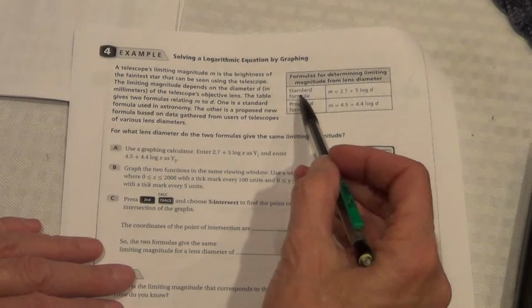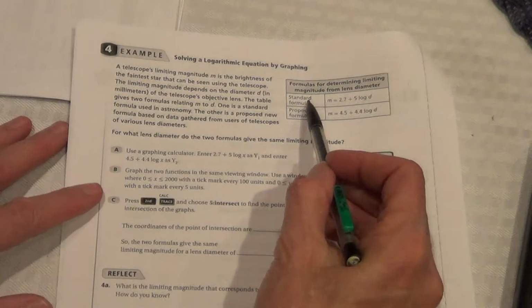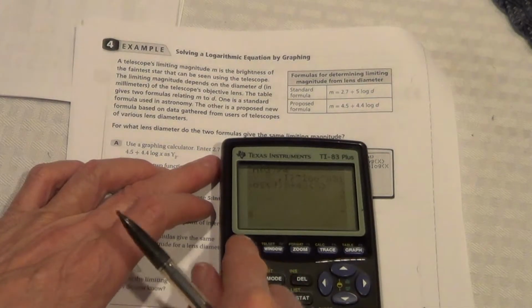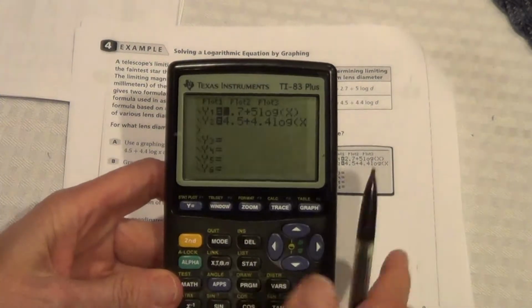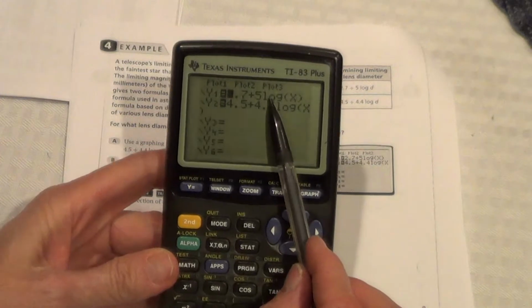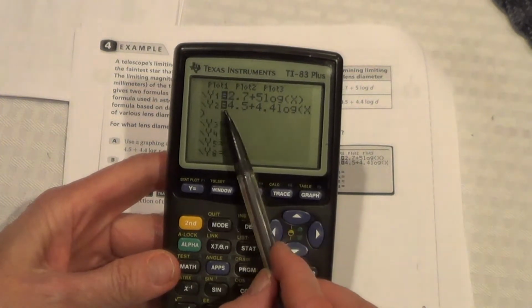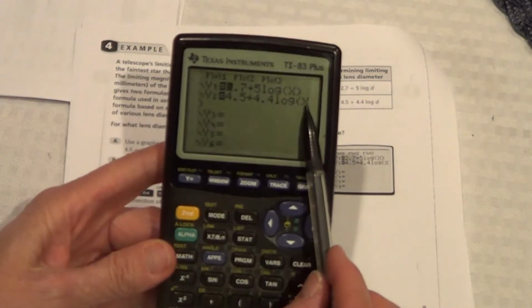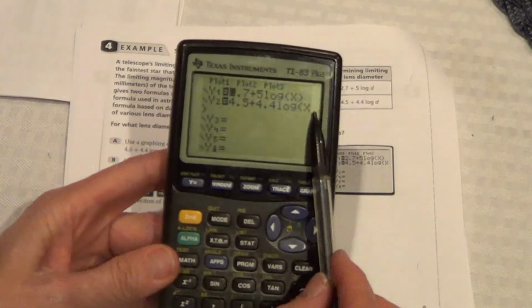Okay, so this is the proposed, that's the original. So using a graphing calculator, enter 2.7 plus 5 log x for y1, 4.5 plus 4.4 log x for y2.